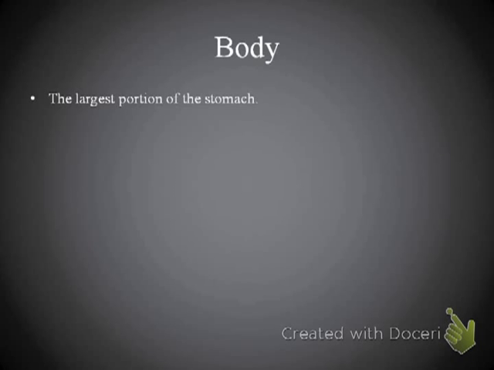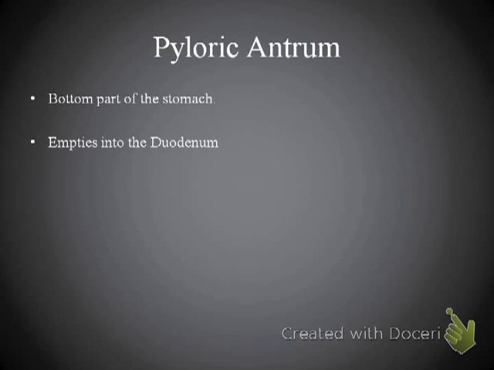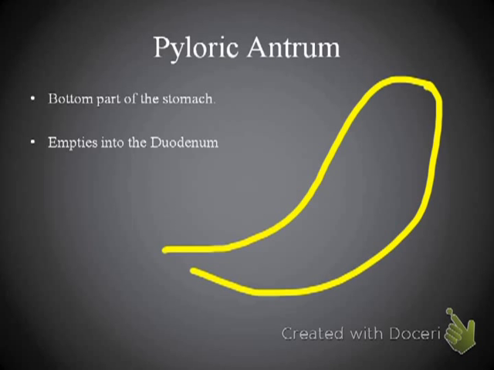We also see that the stomach has a body, and it's the largest portion of the stomach. The fundus is above the body of the stomach, and the pyloric antrum is the bottom part of the stomach, which empties into the duodenum. So if we were to draw another crude image here of a stomach, we see that this is the fundus.